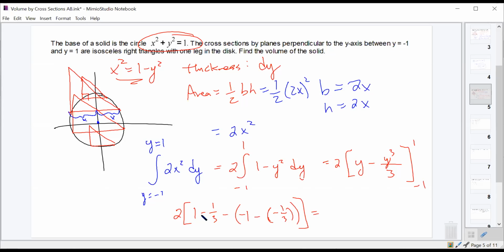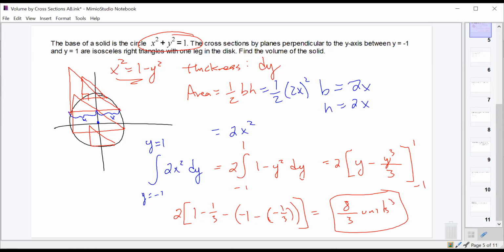And what does that give us? 2/3, and then minus another -2/3. So 2/3 minus -2/3 is 4/3, times the 2. Should be 8/3 units cubed. Good or no?